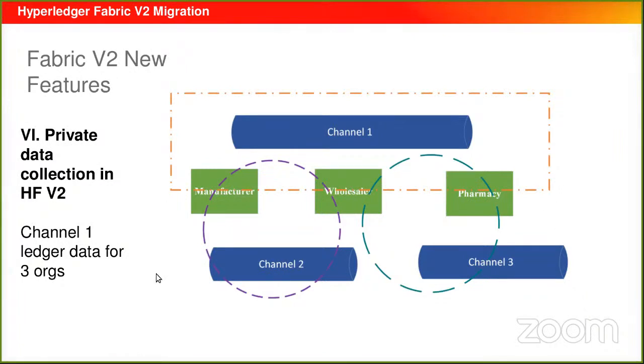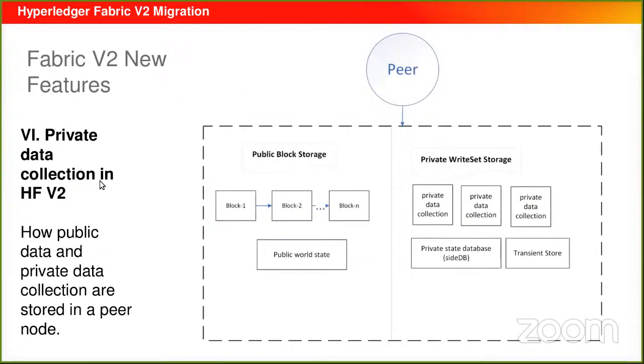I emphasize this is very important because some of the clients that we are dealing with right now love this feature, because some legal requirements from government require that you keep your confidential data without sharing it with other members. So that's one of the areas where Fabric is going to be handy. You have to make a distinction between private data and public data collection in Fabric.